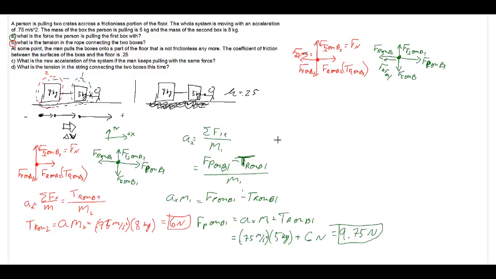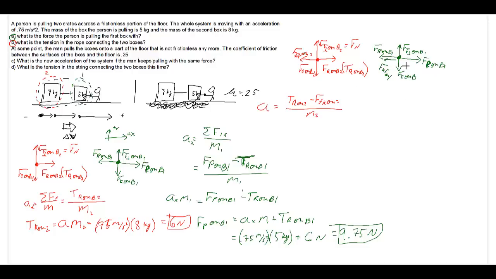Alright, now let's set up our equations once again. For box 2, instead of just the tension in the rope, we've got the tension of the rope on 2 minus the force of friction kinetic on 2, over the mass of 2, is equal to our new acceleration, right?